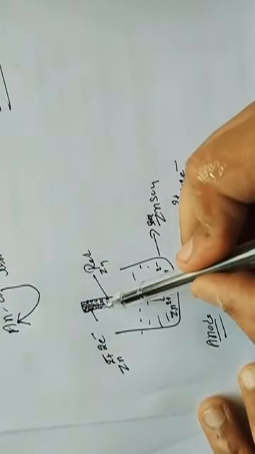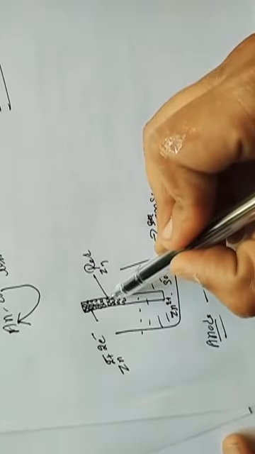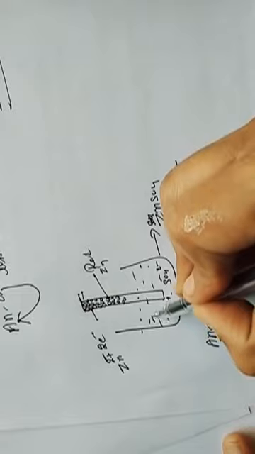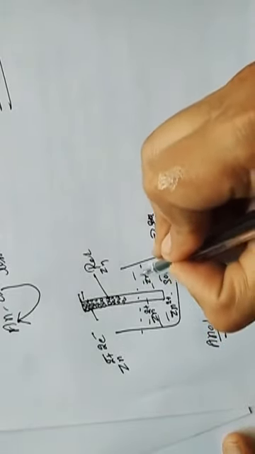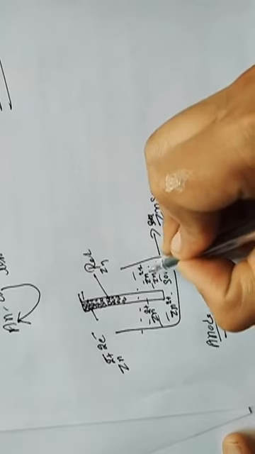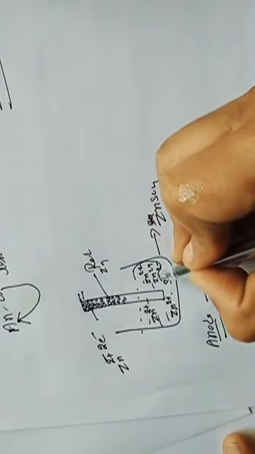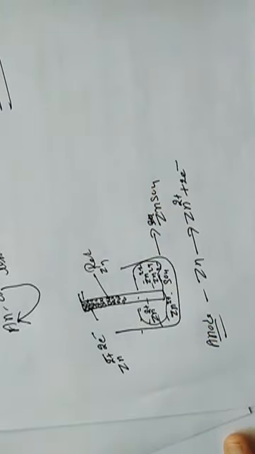So the atoms on this zinc rod will lose 2 electrons. Their electrons will come here, and Zn2+ ions will reach the solution. So a large amount of Zn2+ ions will surround this electrode.